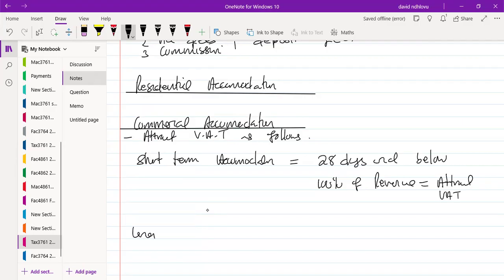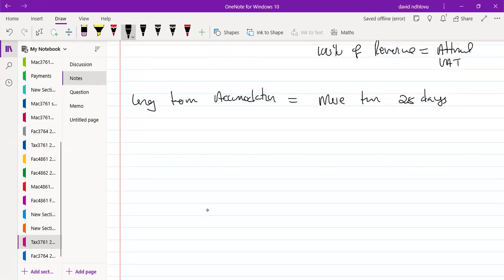Then we've got long-term accommodation, which is more than 28 days. So if someone comes to your building, maybe a hotel, a PMP, or a lodge, and stays for more than 28 days, VAT will be levied on 60% of total revenue earned.